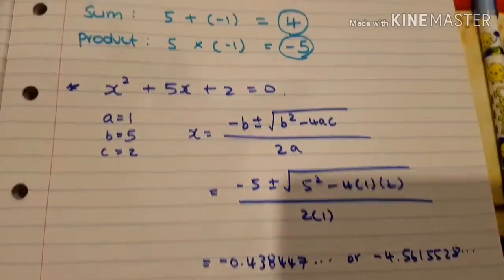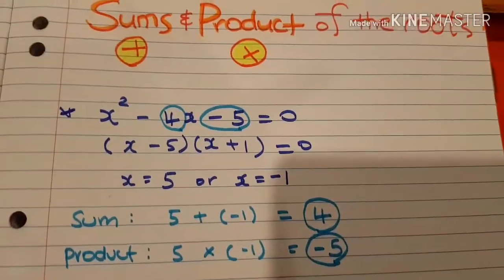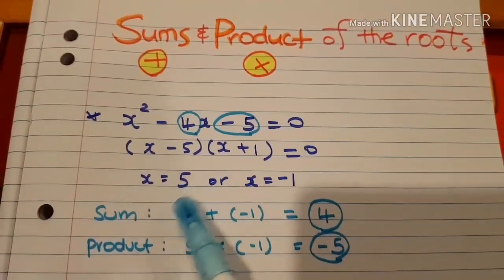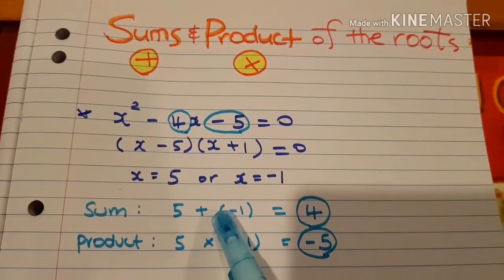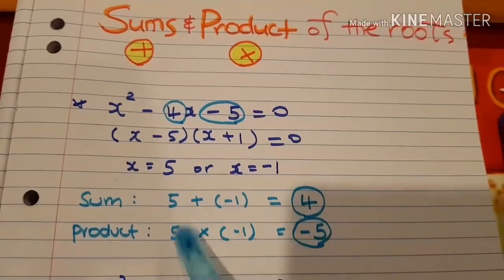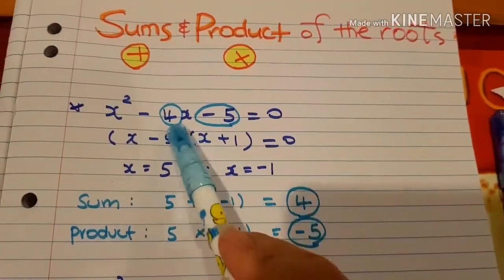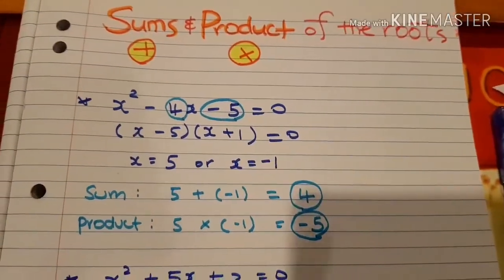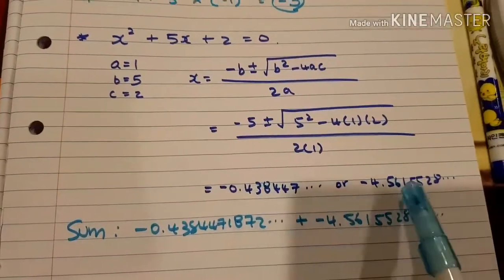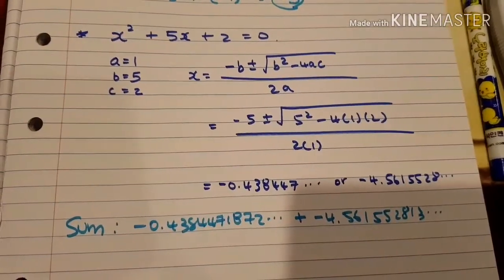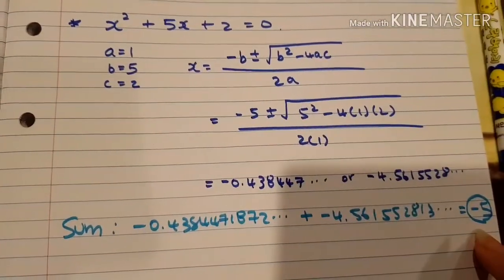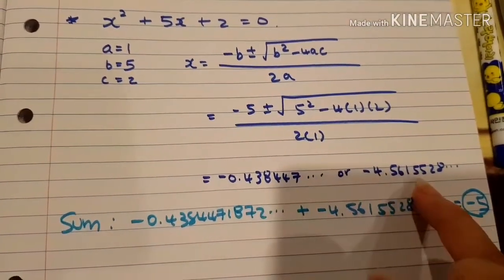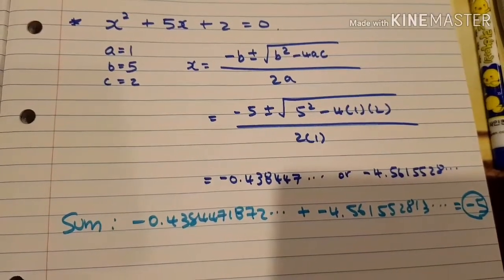Alright, like the question above, I'm going to try adding the roots together and multiplying the roots together and see if I get similar numbers like this. So if I add the roots for these two, I would get -5. And let's see what I get by multiplying it.